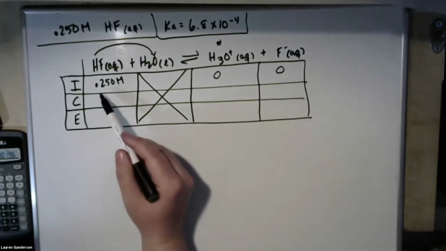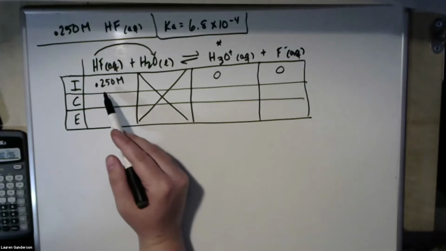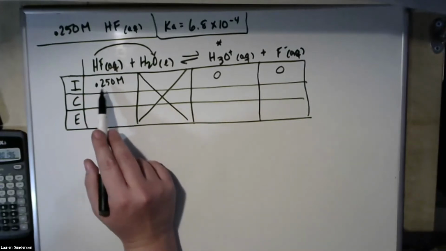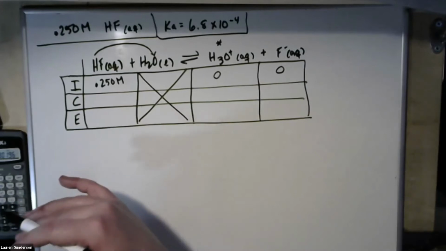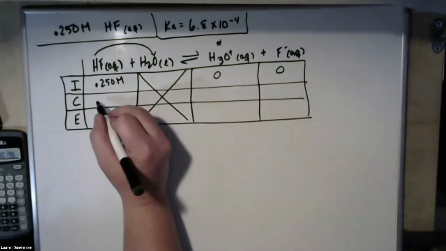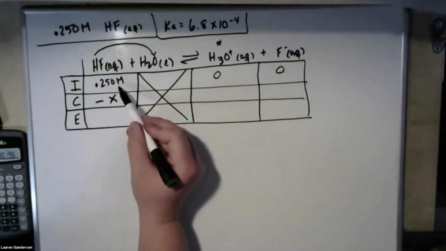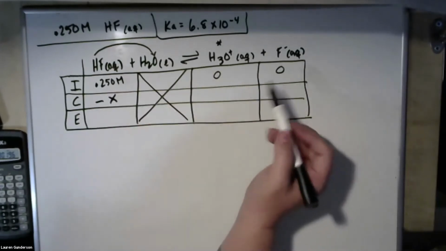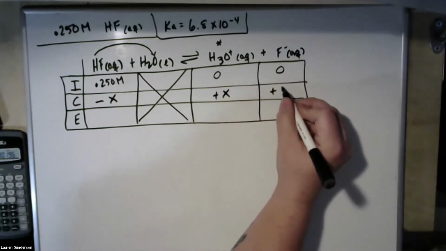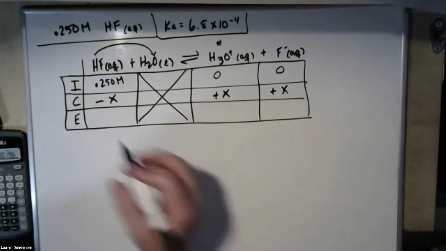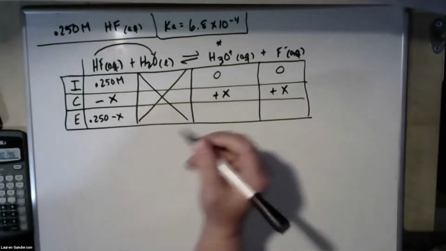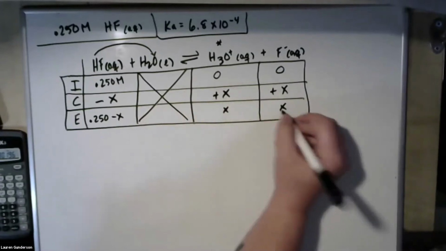And again, we're going to assume that our hydrofluoric acid is going to dissociate, meaning its concentration will decrease as it separates into ions. So we know that we're going to be losing some of that concentration as it forms hydrogen ions and fluoride ions. So we have 0.250 minus X, X, and X.